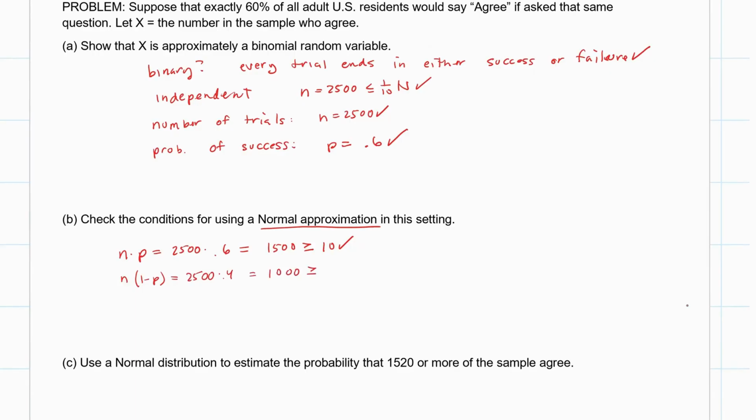And 1,000 is also greater than or equal to 10. Therefore, the binomial distribution can be estimated by the normal distribution.